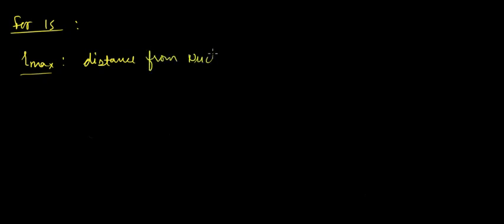Okay, hi guys. From the previous lecture, we'll be continuing with RPDF theory in more depth now. Let's say for the 1s orbital, we need to find Rmax. Rmax is nothing but the distance from the nucleus where the electron finding probability is maximum.